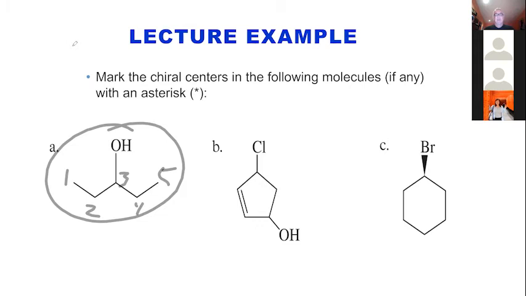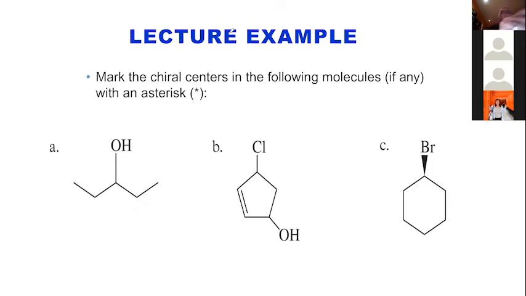Basically, there's really only one candidate, right? What's the one candidate we have for being chiral? Carbon 3, exactly. It can't be 1, and it can't be 5 because those are just CH3. And it can't be 2 and it can't be 4 because those have 2 hydrogens attached to them. So really the only one it can possibly be is this one.